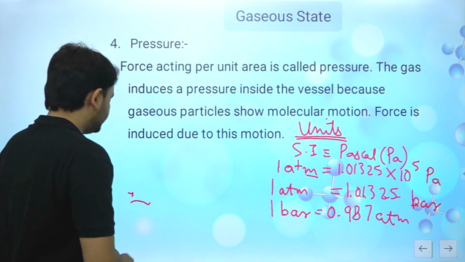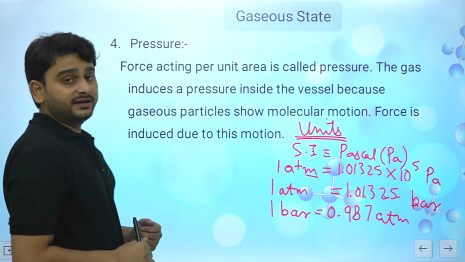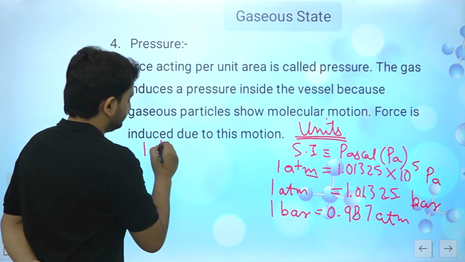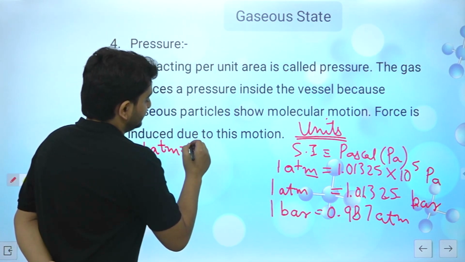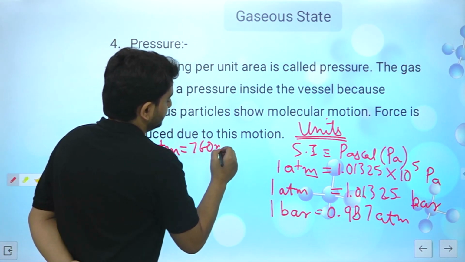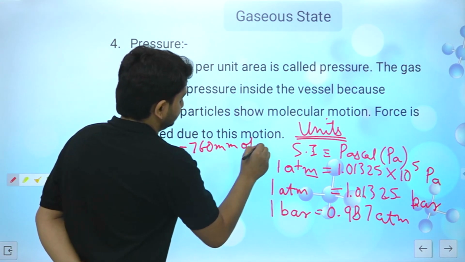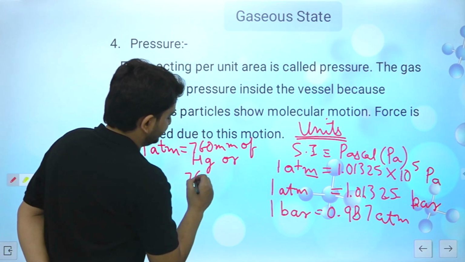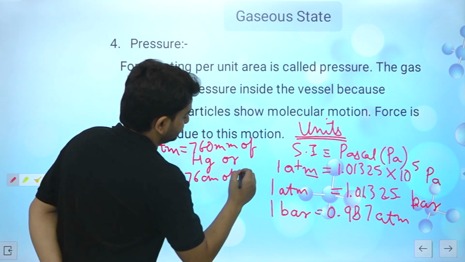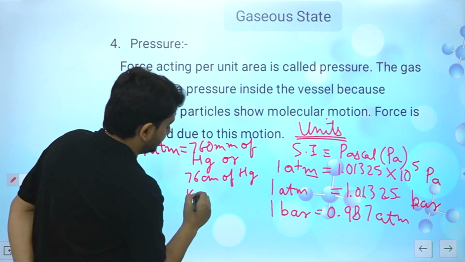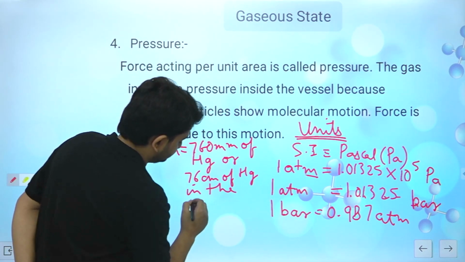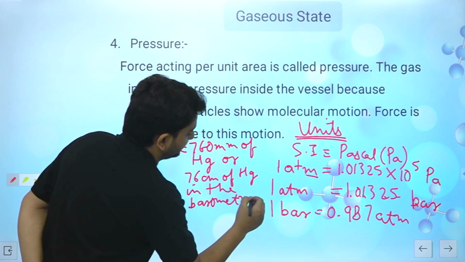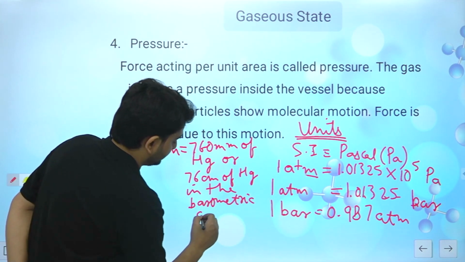Apart from that, one more relation that you should remember is that 1 atm is 760 mm of Hg, mercury, or 76 centimeter of Hg in the barometric column, right? What a barometer is, we'll be talking about soon.